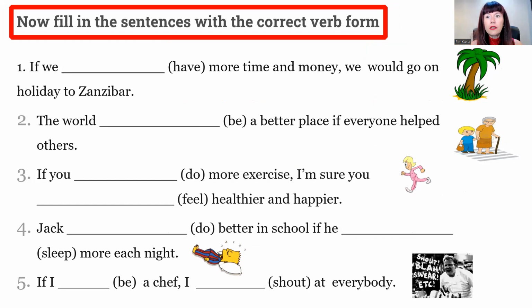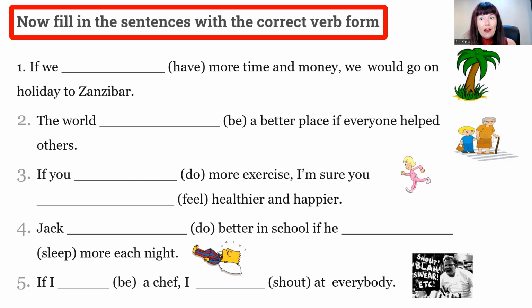The world, so now we change the order, okay? So the world would be a better place if everyone helped others. Okay, so we have if everyone helped others, the world would. So we have a condition here in the middle, yeah?